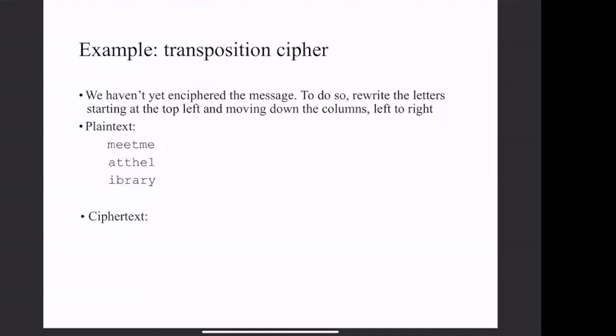But then the question becomes, how do we encrypt it? How are we using this to encrypt it? And what we're going to do is we are simply going to read down the columns and write out our ciphertext like that. So what this means is the first 3 letters of my ciphertext are going to be M-A-I.